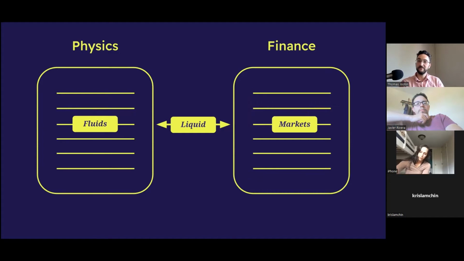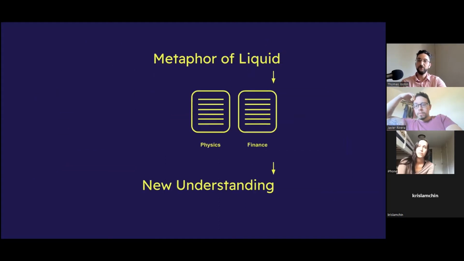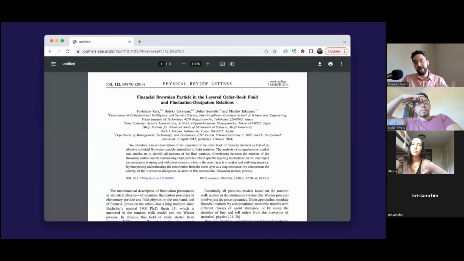Well, the mathematics for liquid interactions that explain fluids in physics are also used to explain dynamics in markets. So using a metaphor of liquid, we can parse through these prisms of text of physics and finance to gain a new understanding. I'm not just making that up. This is not just a hypothetical.